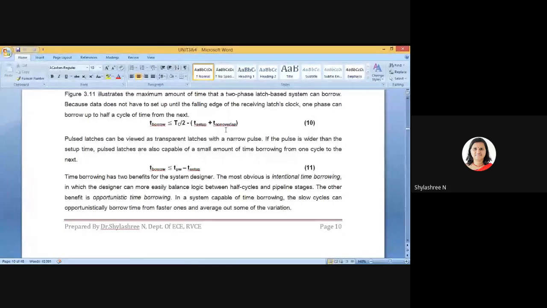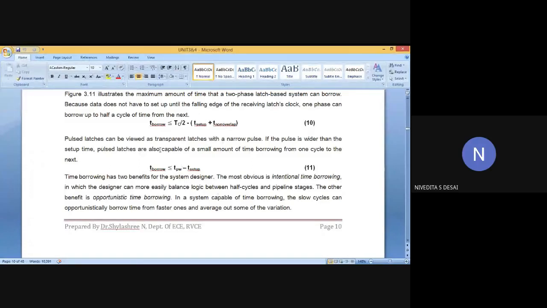And also the data does not have to set up until the falling edge of the receiving latch clock. That's why it is TC by 2 minus T setup plus T non-overlap. So T non-overlap will be there. Okay. Are you getting it?